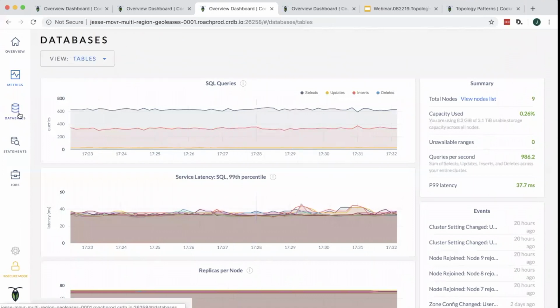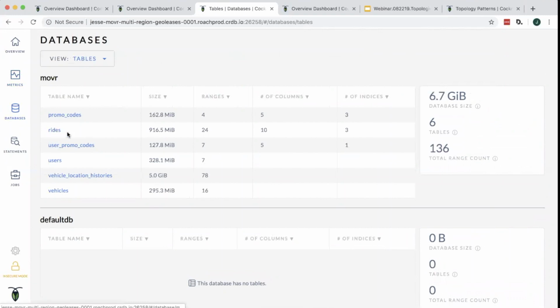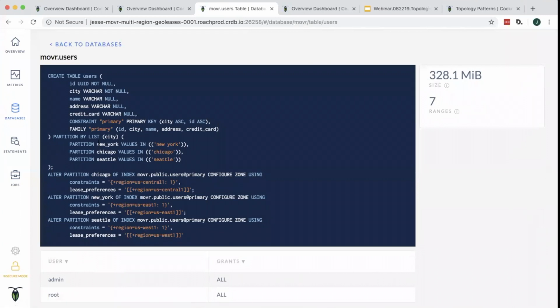Let me dig into the actual table schema to show you what I'm talking about. Let this load up. So when you looked at the schema earlier, you might remember that promo codes is a little special. Rides and all the other tables have a schema that allows us to have some knowledge of geography, so city. I mentioned that in these tables, the primary key is compound, and city is actually the first key.